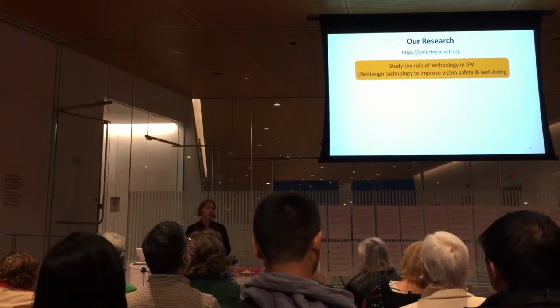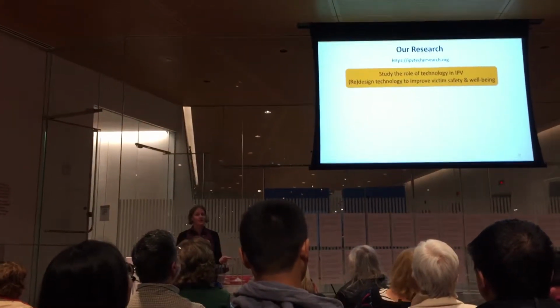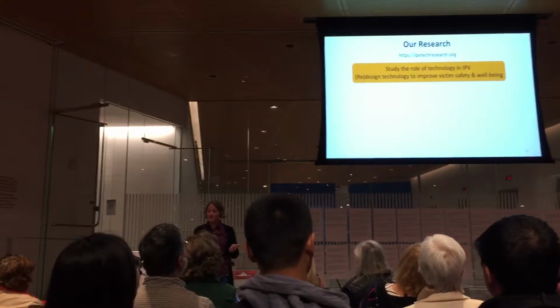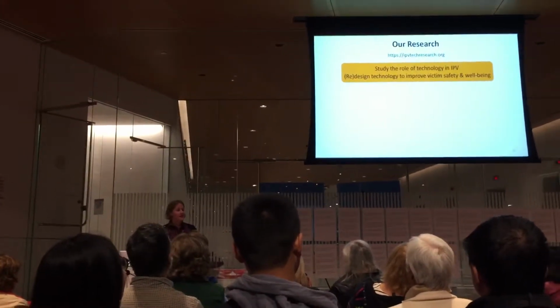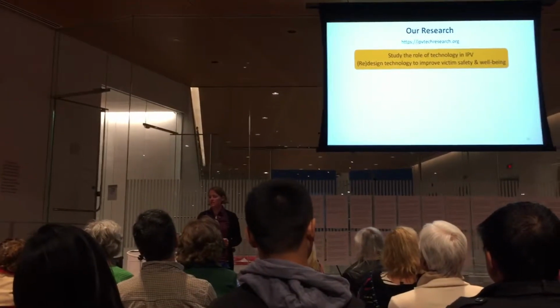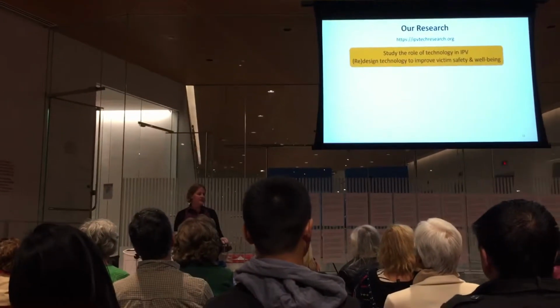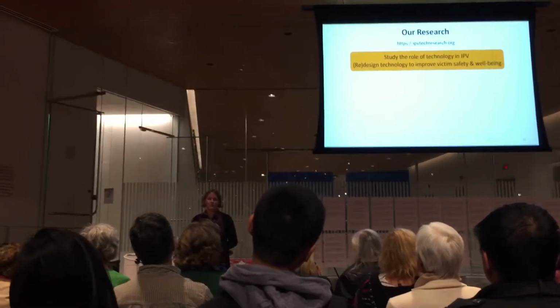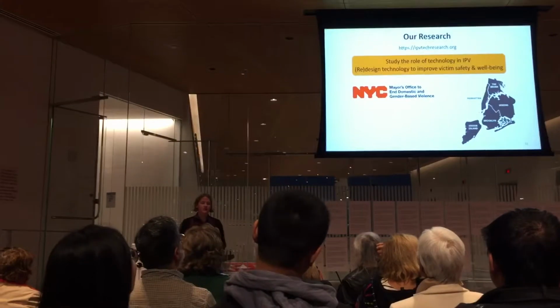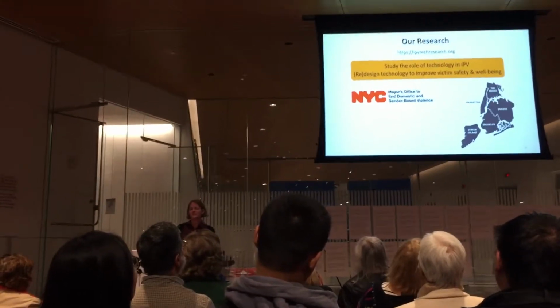So that's the goal for our research: firstly to study how technology is being used, what is going on, and secondly to design new tools or redesign existing tools in ways that better protect victims and improve safety and well-being.